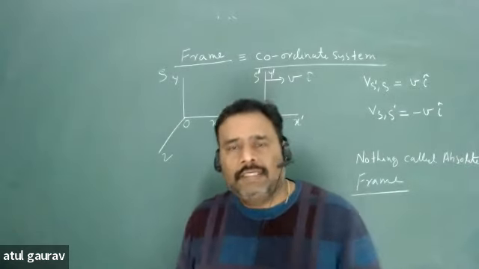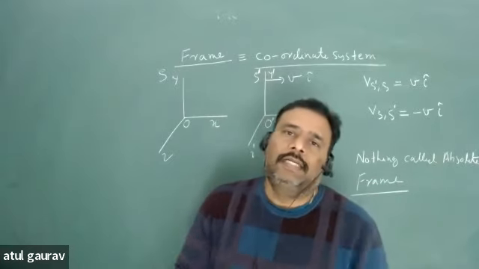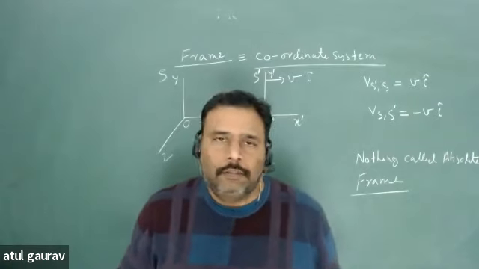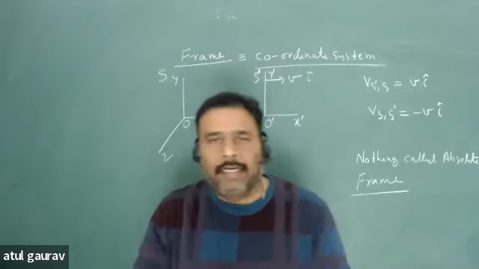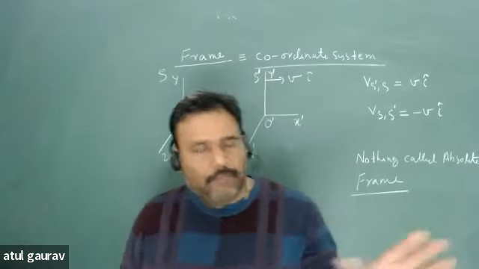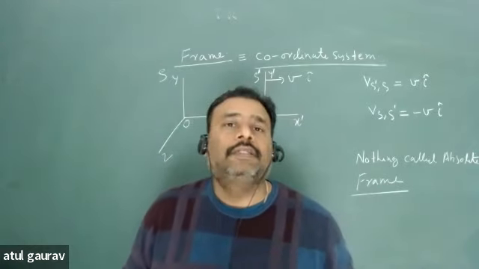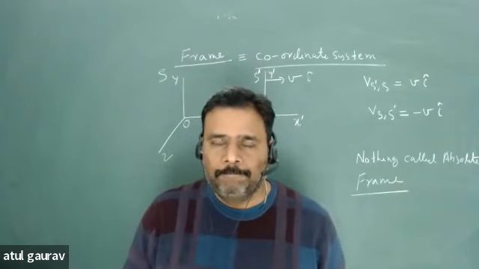You can never see absolute motion. If I say that the train is moving at 100 km per hour, that is not a correct statement. What I have to say is that the train is moving with respect to the earth or with respect to the platform at 100 km per hour.